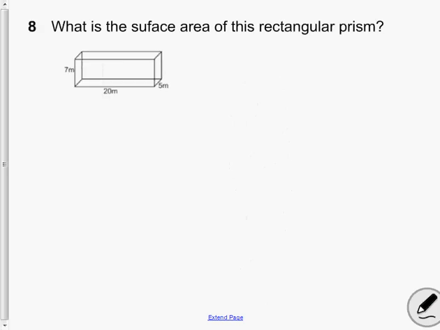Question 8, what's the surface area of this? We have 2 top and bottoms. I'm just going to put TB here. The top and bottom are both 20 by 5, which means they're 100. And we have 2 left and right, which are 7 by 5, which will be 2 35s each.